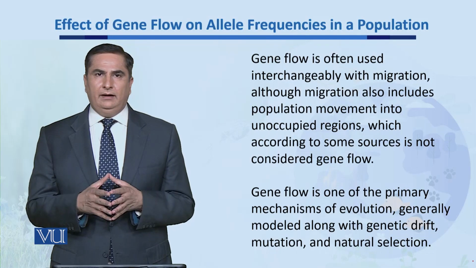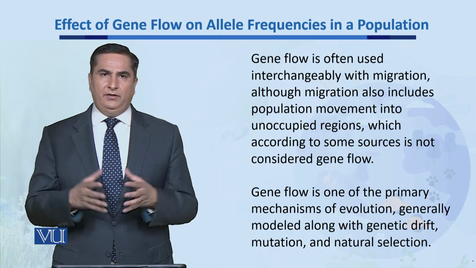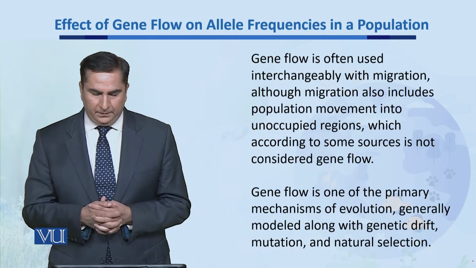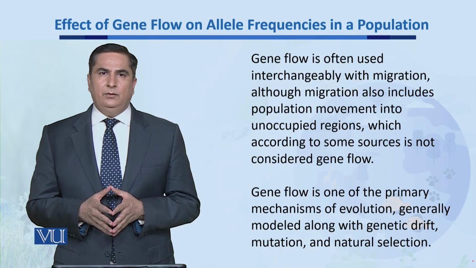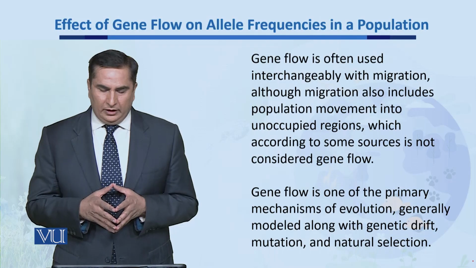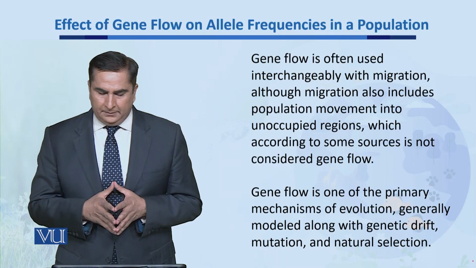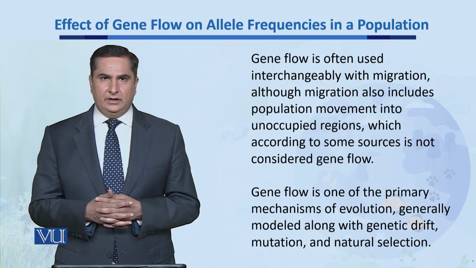As a result, there is mixing of the allelic frequencies and genetic variation among that population. Now, this is one of the primary mechanisms which is responsible for the evolution in the population, along with genetic drift, mutation, and natural selection.